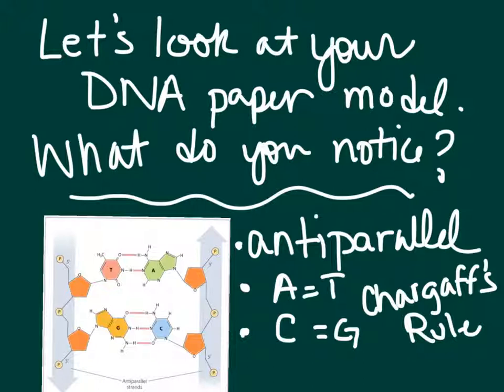We call that Chargaff's rule. He's the guy, I believe his first name was Edwin. I think Edwin sounds right. He's the guy who said, well, the number of adenines equals the number of thymines, so they must be complementary. They must pair together. The number of guanines equals the number of cytosines.